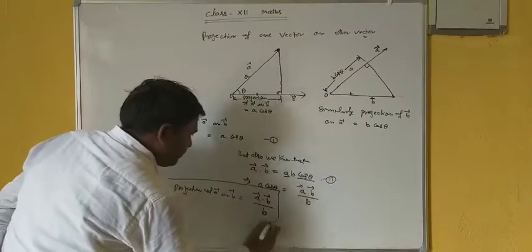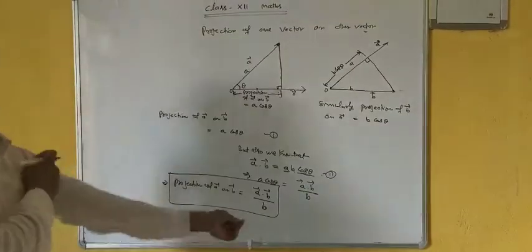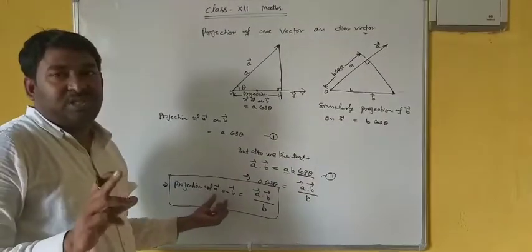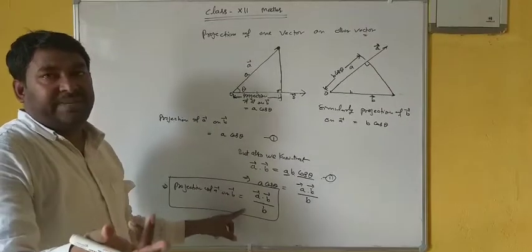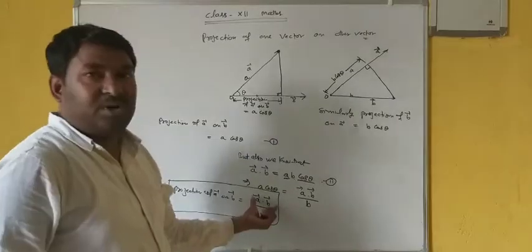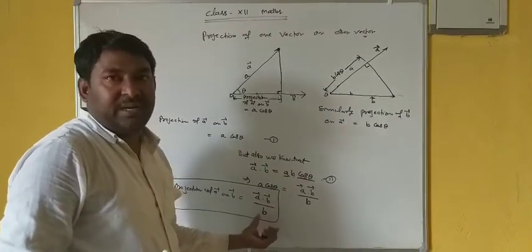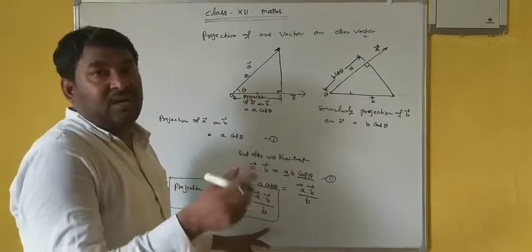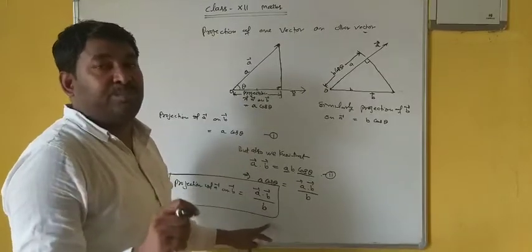So your conclusion is that if you have to find the projection of a vector along or on another vector, you have to find the dot product of those two vectors divided by the magnitude of the vector along which or on which you are finding the projection.